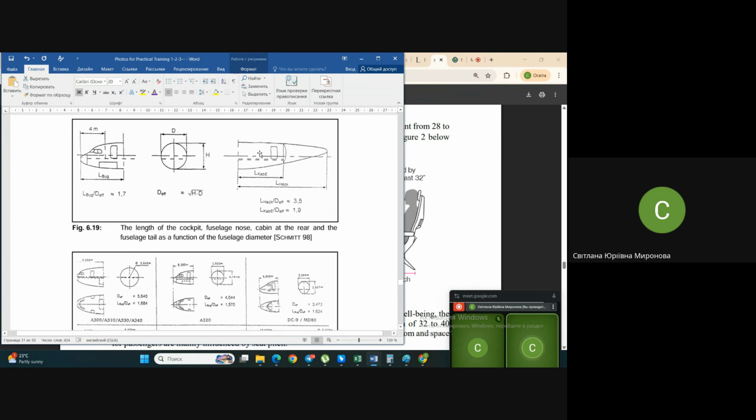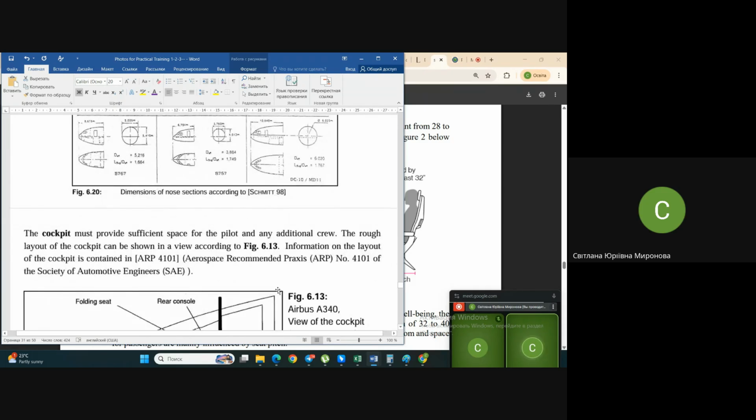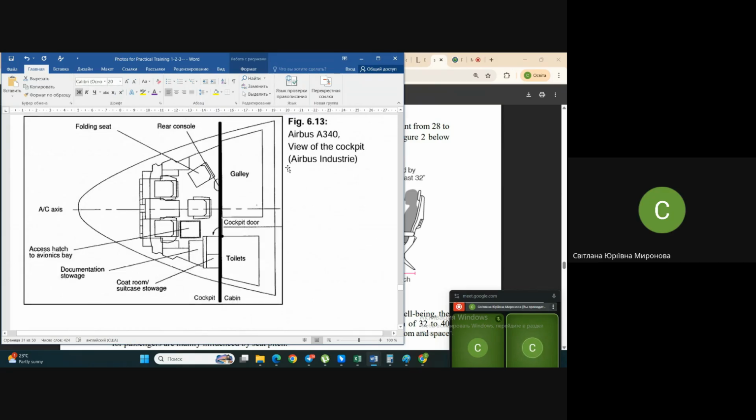You understand that in the aft fuselage, what I've been talking about, is the place where you can't squeeze people already. And in the cockpit, the typical layout for an airplane, there should be a place where at least a couple of pilots are sitting, and maybe something like folding seats for flight attendants, or another person, maybe an auditor, for instance.